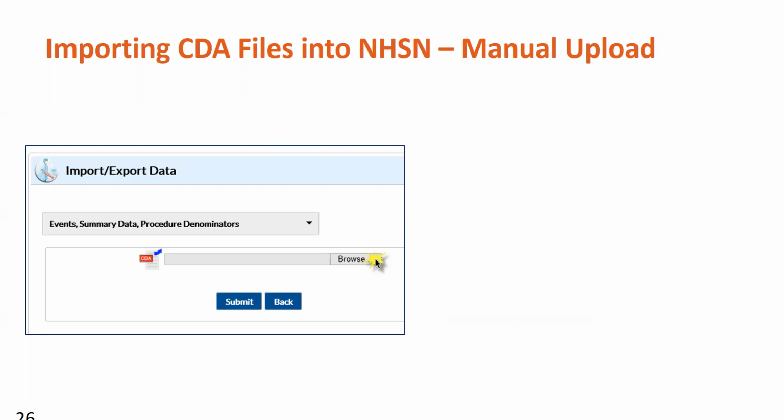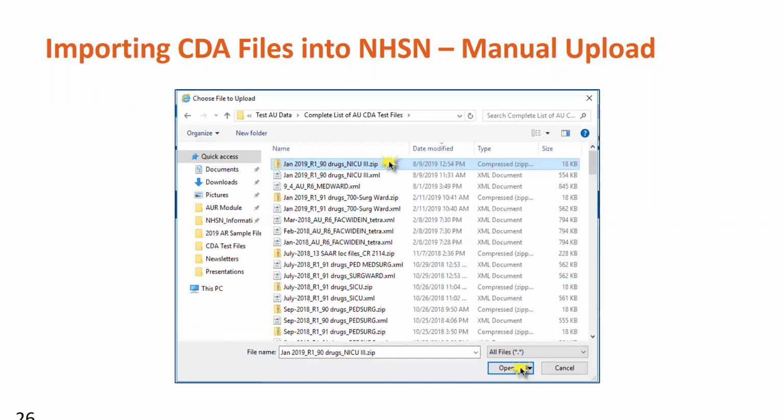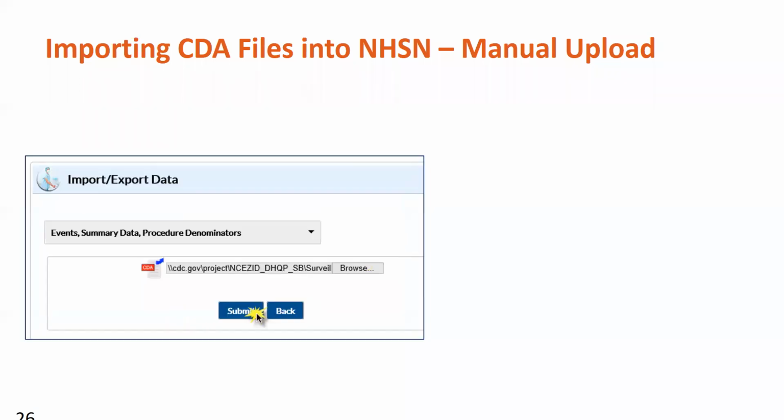Before I get to this, I would have gone into my vendor system and exported or zipped up all of my files that I want to submit and saved them somewhere on my machine or on the network. So I browse for them. Then I locate that zip file that I want to upload. That puts that URL in that bar there, and I click Submit.